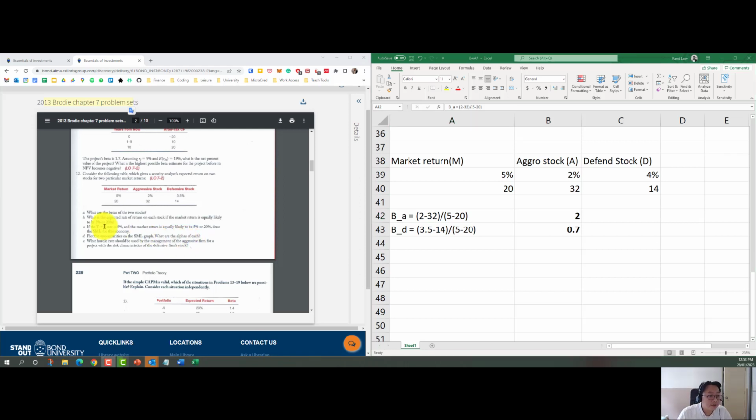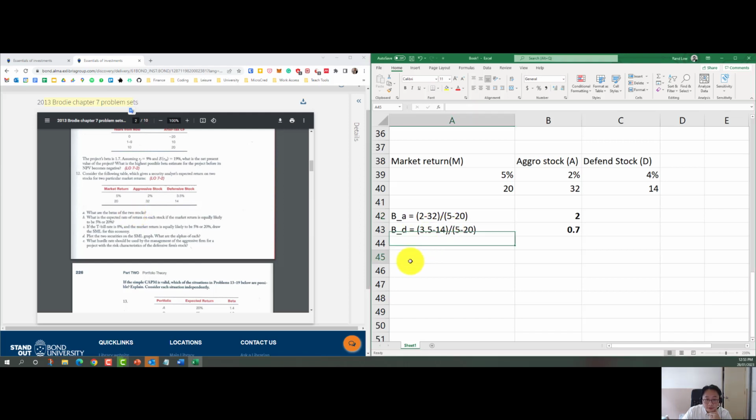Now when we look at part B, what is the expected return of each stock if the market is equally likely to be 5 or 20%? This is just scenario projection. The expected return is an average of two possible outcomes.